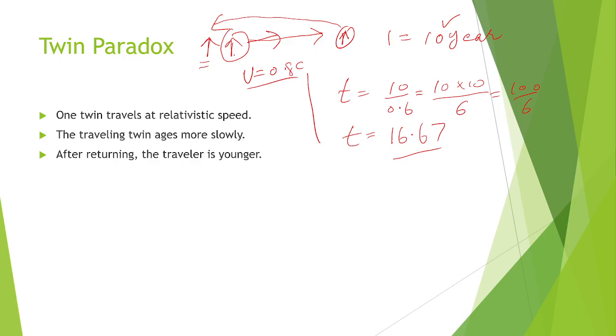You see in this example, the age of the man on the Earth is 16.6 years, while the age of the man inside the ship, which is moving with this velocity, is 10 years. So that difference occurs because of the high speed of the ship. So when a body moves with velocity v, time slows down for that body.